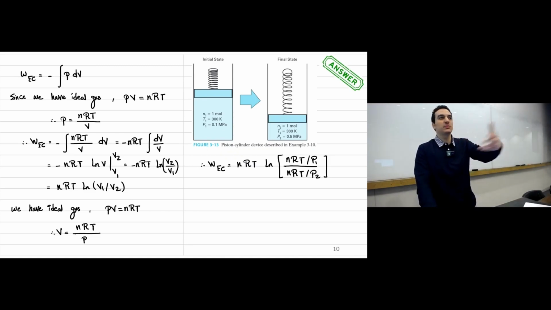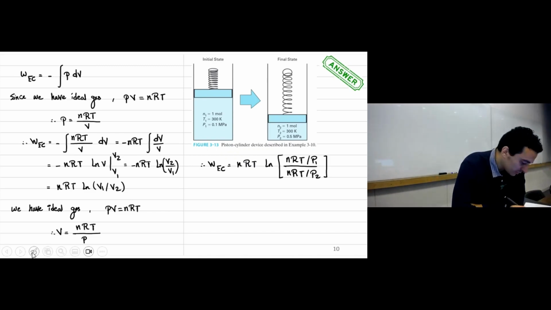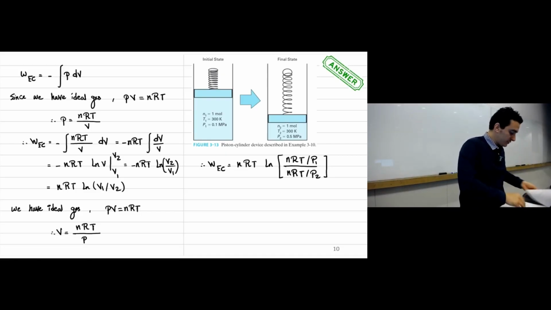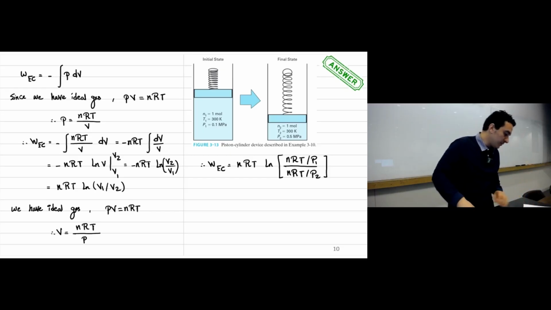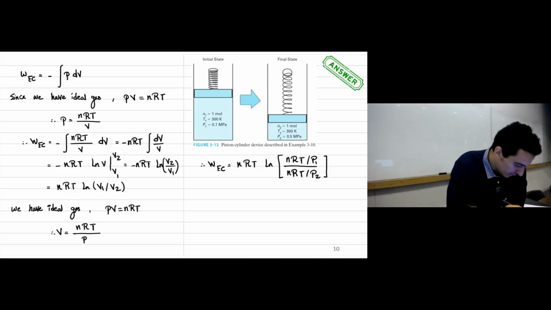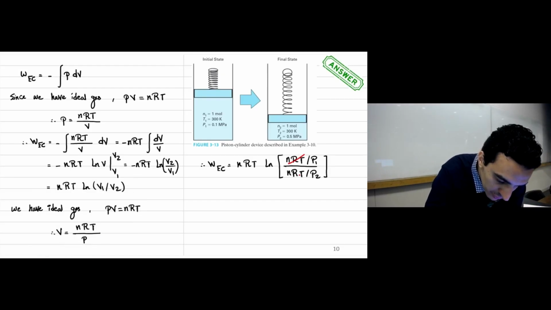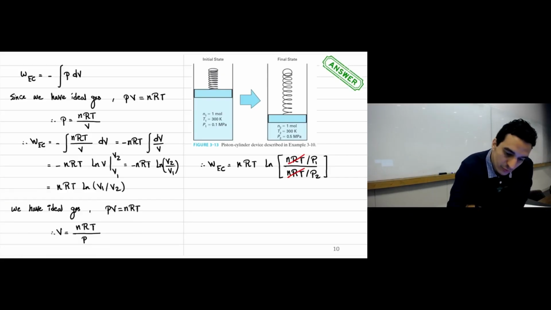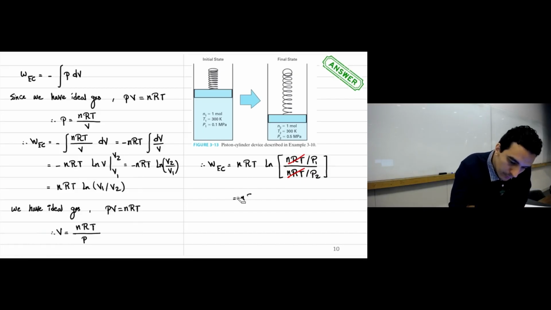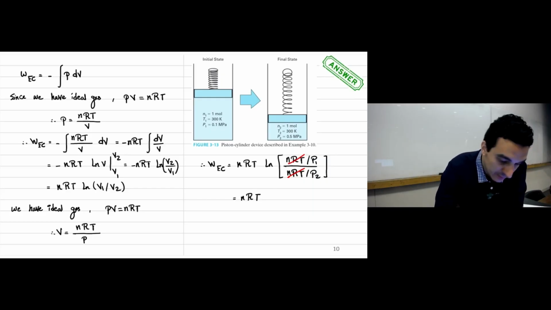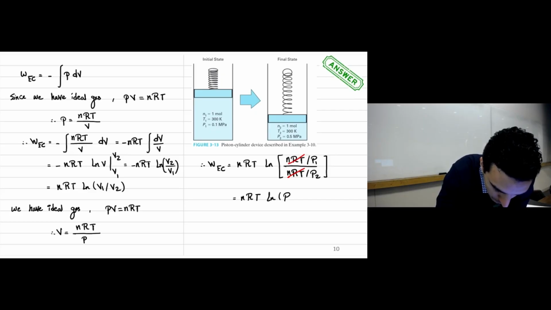Just because N1 and N2 are the same, T1, T2 are the same, I just keep N and T. So if you simplify it, nRT is constant, so nRT will cancel nRT from this side, so this will equal nRT ln P2 divided by P1.